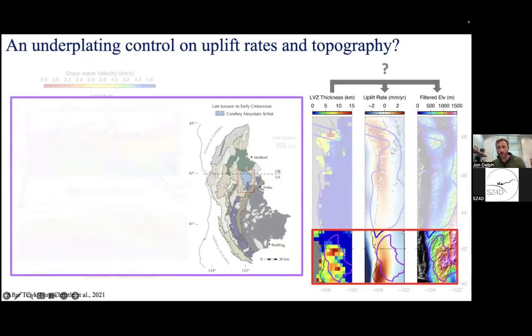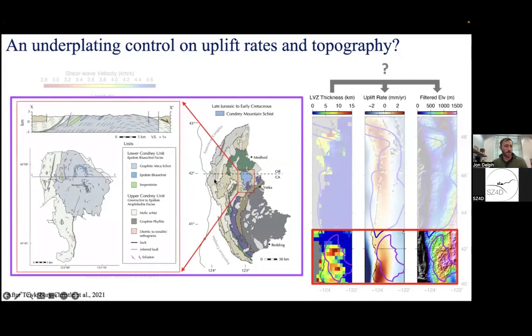We can also compare this in southern Cascadia to this interesting tectonic window called the Condrey Mountain. These are kind of blueschist to greenschist facies rocks that have been explicitly interpreted by Carolyn Tewksbury-Christle and Whitney Behr and others, as well as people before them back in the 80s, as these underplated sedimentary rocks that are being exhumed, and they've come up all the way to the surface through our Klamath Mountains terrane.